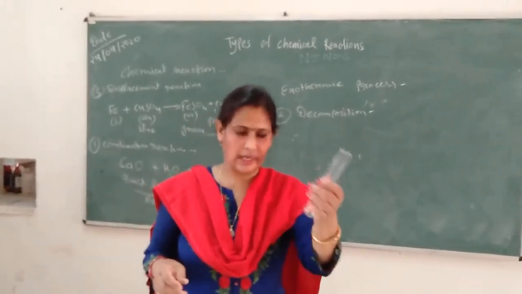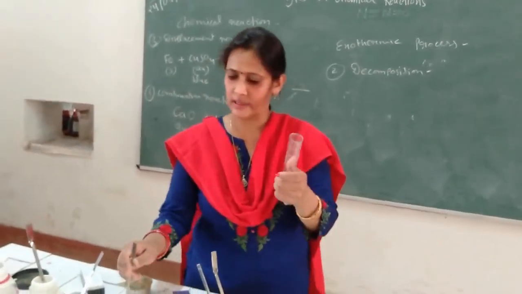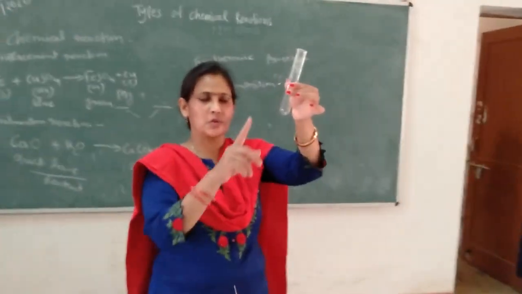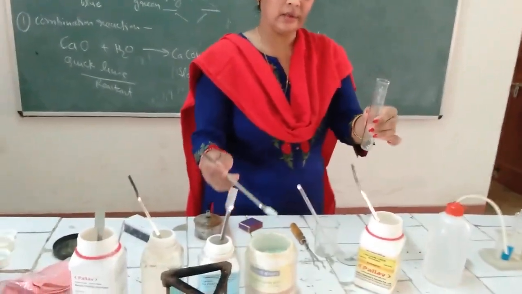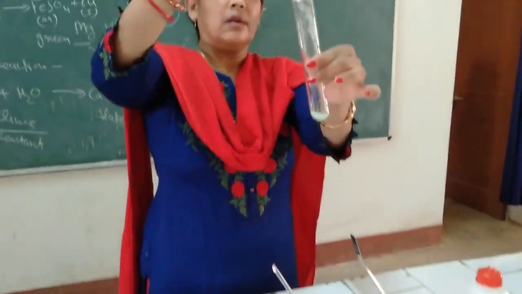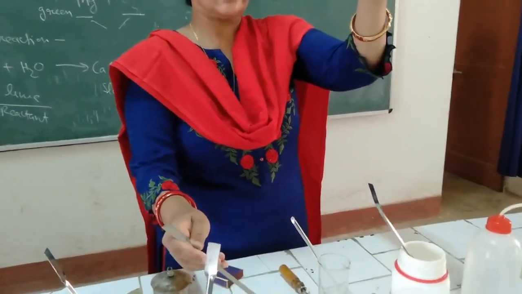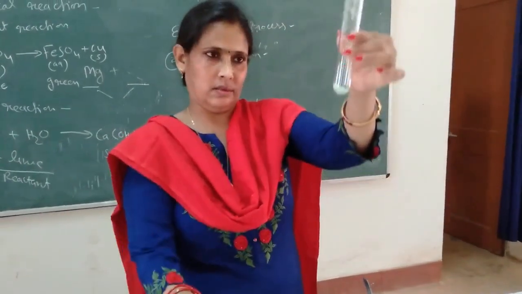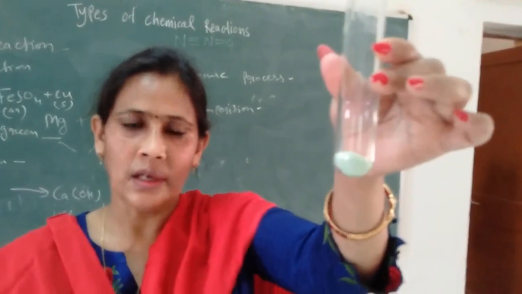take one test tube and add in this test tube. This test tube should be dry. Then add one substance. This is ferrous sulfate crystal, and as you can see, what is the color of this ferrous sulfate? It is green color.